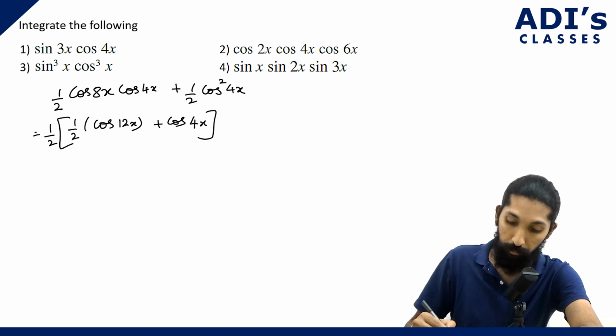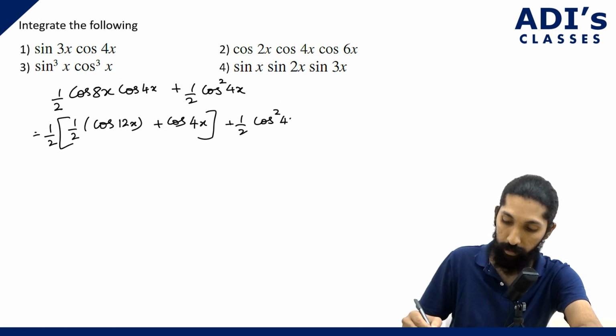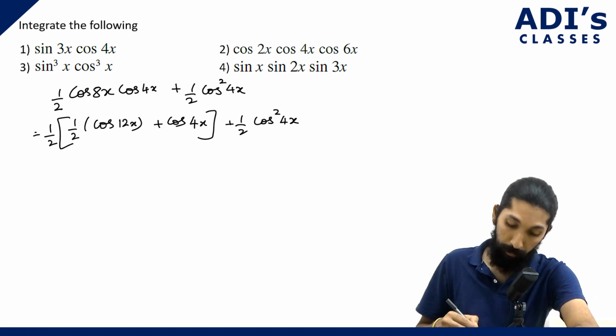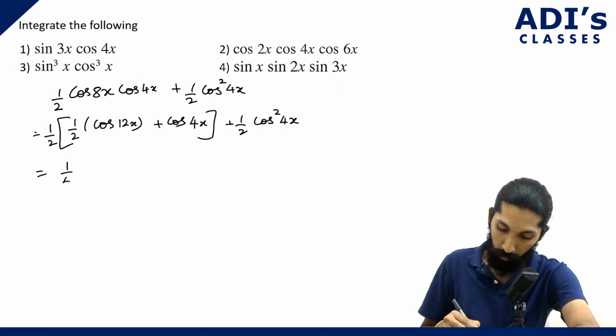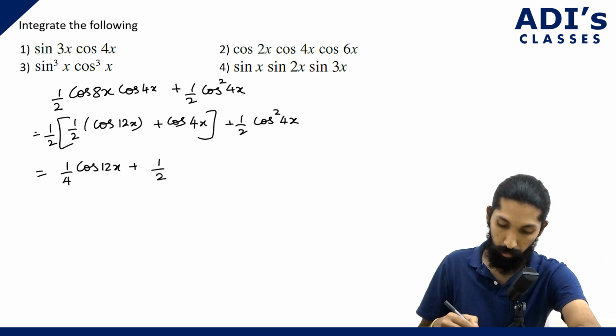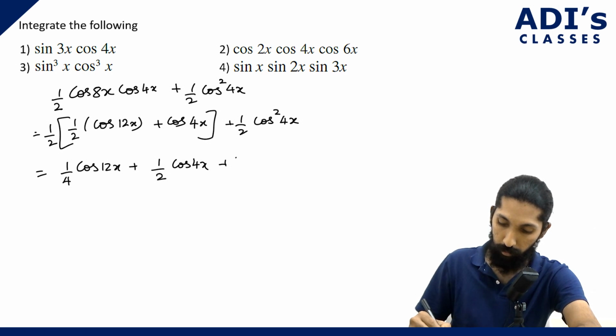Correct? Plus half cos square 4x. Again multiply. 1 by 4 cos 12x plus 1 by 4 cos 4x plus 1 by 2 cos square 4x.